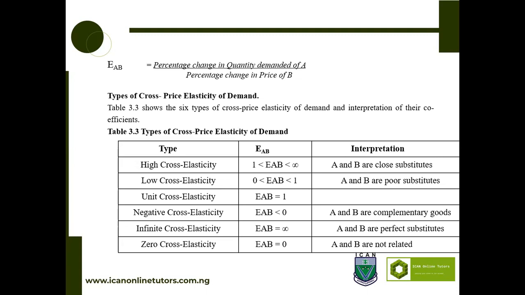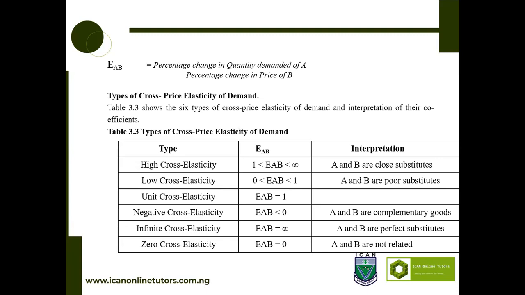We have high cross elasticity, where the cross elasticity of demand of A and B, the percentage change in quantity demanded of A and the percentage change in price of B, is greater than 1 and less than infinity. That means A and B are close substitutes.